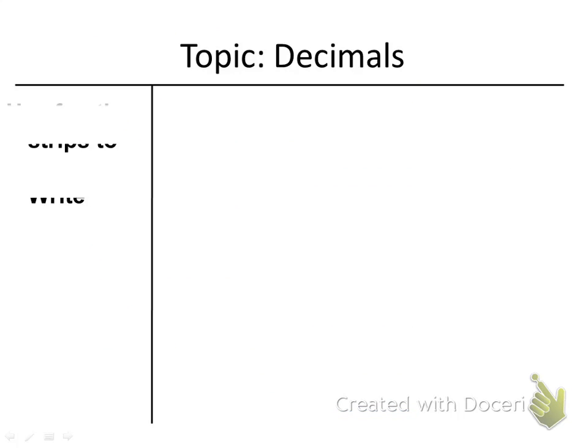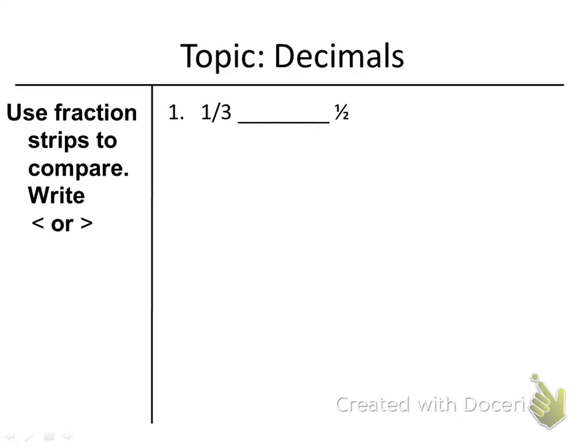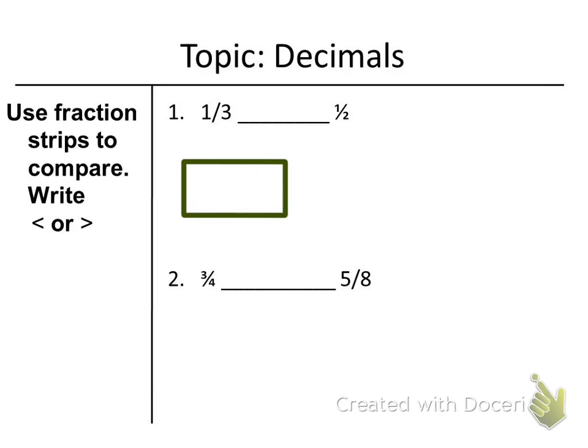The first subtopic in your notes is use a fraction strip or strips to compare, write less than or greater than. For number 1 and 2, I'm just going to draw a whole, and I'm going to make sure that my whole looks the same, because if we don't have a whole that looks the same, then our problem isn't good.